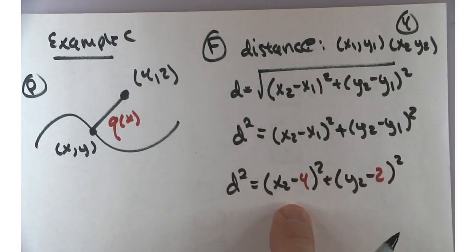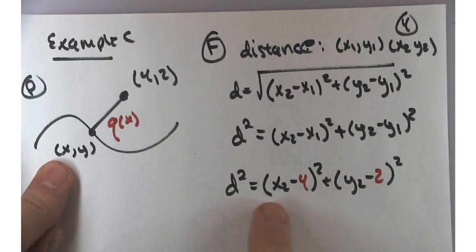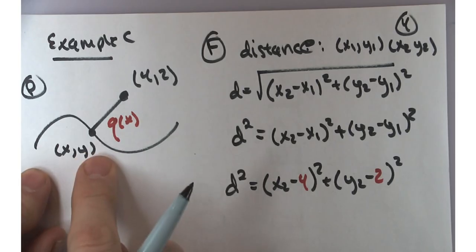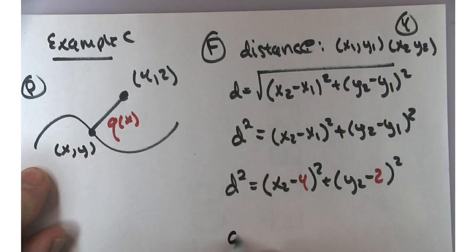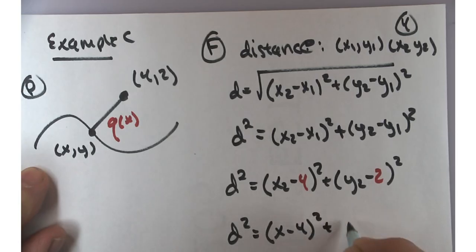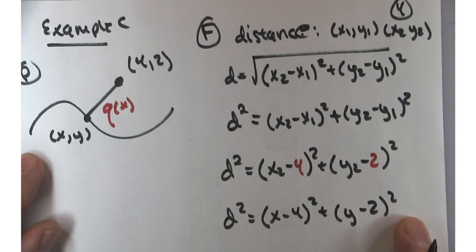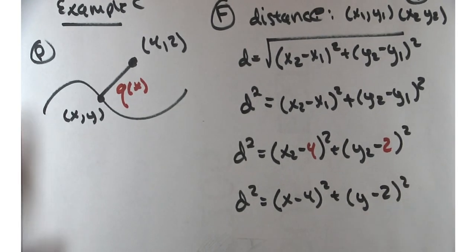I still haven't gotten down to just one function. At the same time, we could have also put in an x and a y, so d squared equals x minus 4 squared plus y minus 2 squared. But that still doesn't have just one variable.